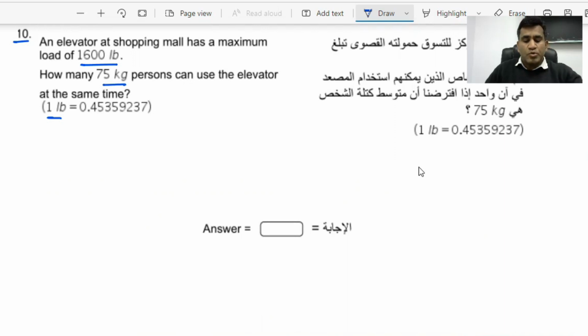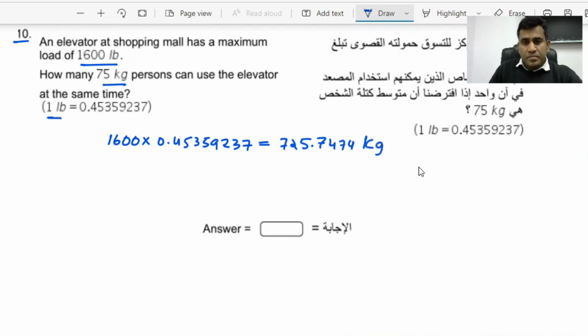You just multiply 1600 with 0.45359237, and it gives us approximately 725.7474 kg. So 1600 lb is equivalent to this much in kg.